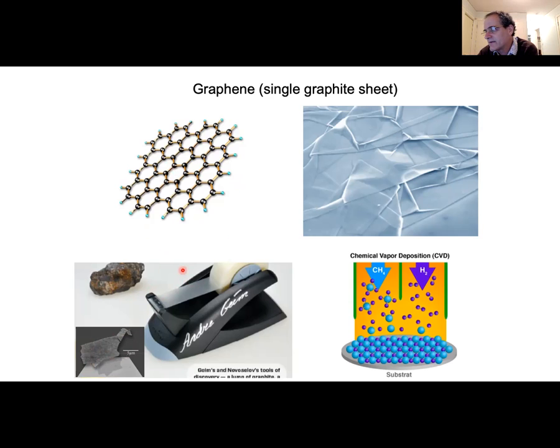Since this discovery, people have figured out other ways of making graphene. And one way is by chemical vapor deposition, where methane is decomposed above a hot substrate, and the carbon atoms go to form graphene, and the hydrogen is released.